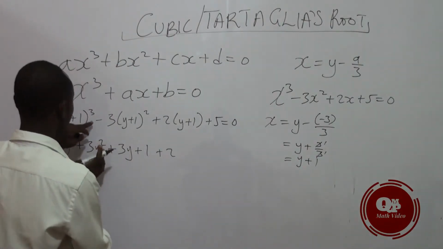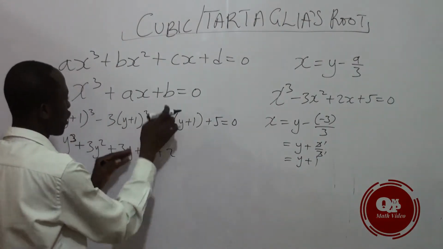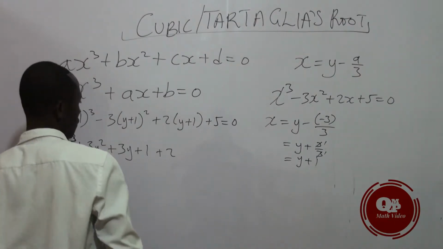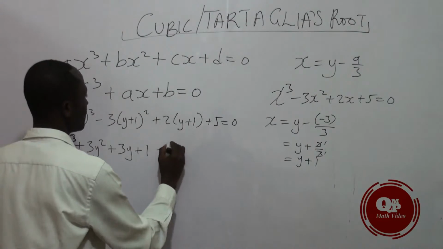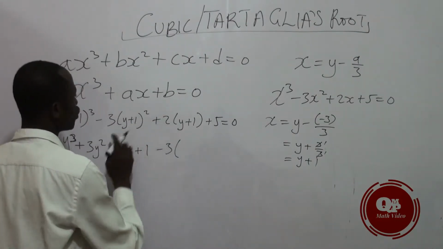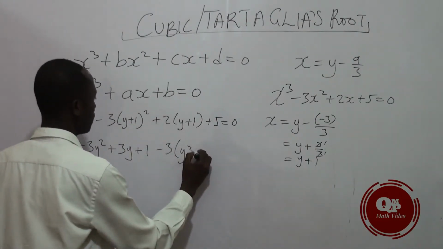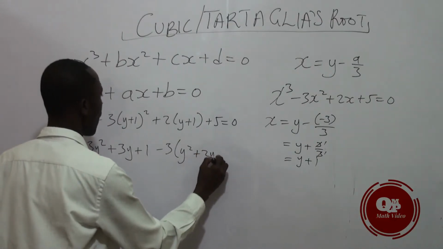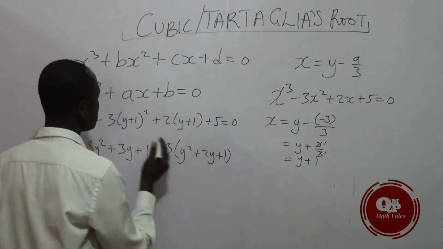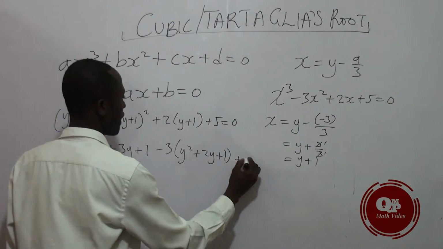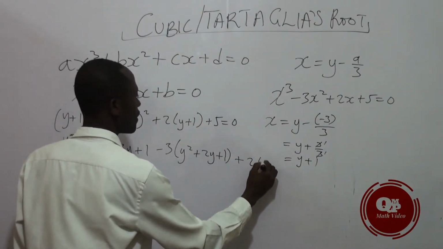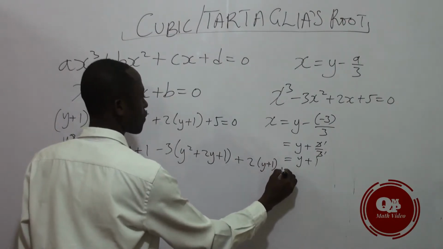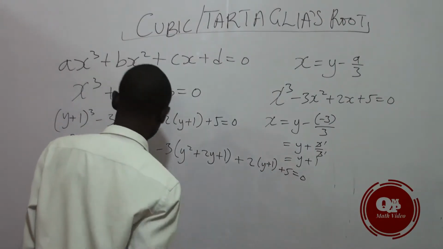That is -3 into bracket y plus 1 all squared. So we have -3 times y squared plus 2y plus 1. And then we have plus 2 into bracket y plus 1 plus 5 is equal to 0.